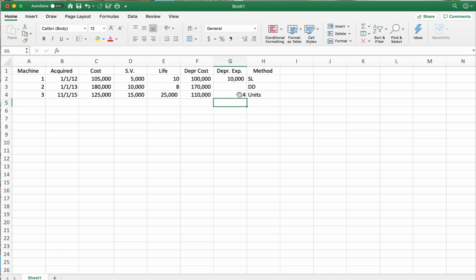I get 4.4. I know I said get rid of the decimal places, but if we have something that rounds off like this, we're going to keep that. So my depreciation expense for machine 3, which uses units of activity, is $4.40 per hour.